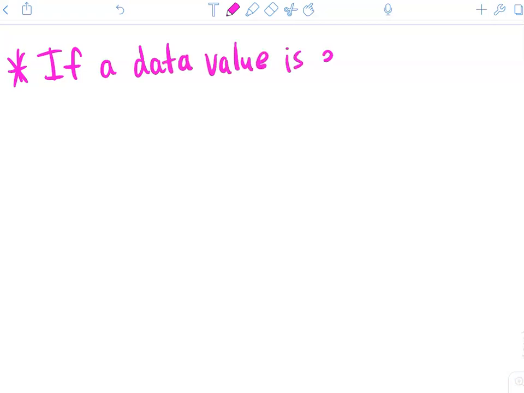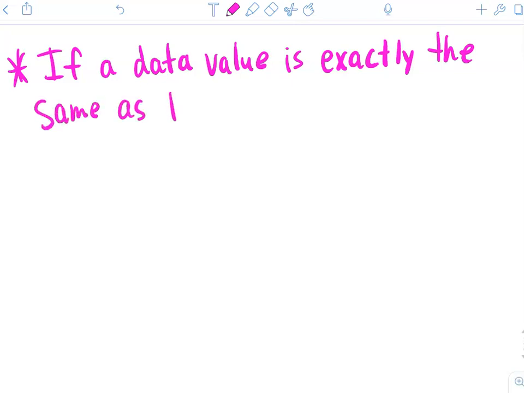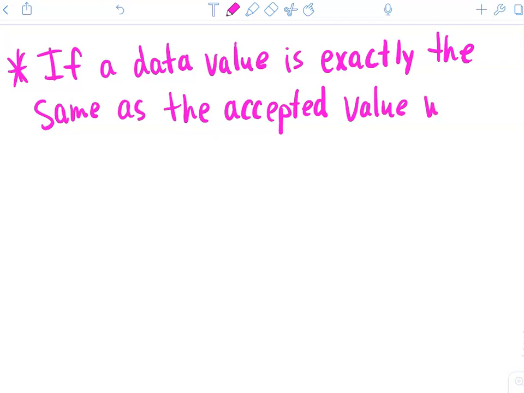Okay? Now, something else that we need to note is that if a data value is exactly the same as the accepted value, we say the data is accurate.